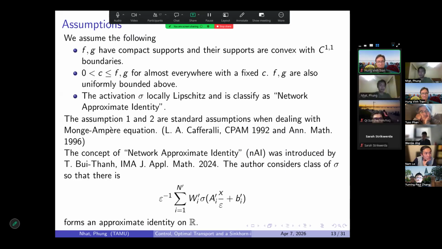So it makes sense that we can have some assumption on the given densities. We usually have convex support, and we do need convex and C^{1,1} boundaries on the support. It has to be strictly positive, so it avoids zero here. We also assume that it is bounded above.